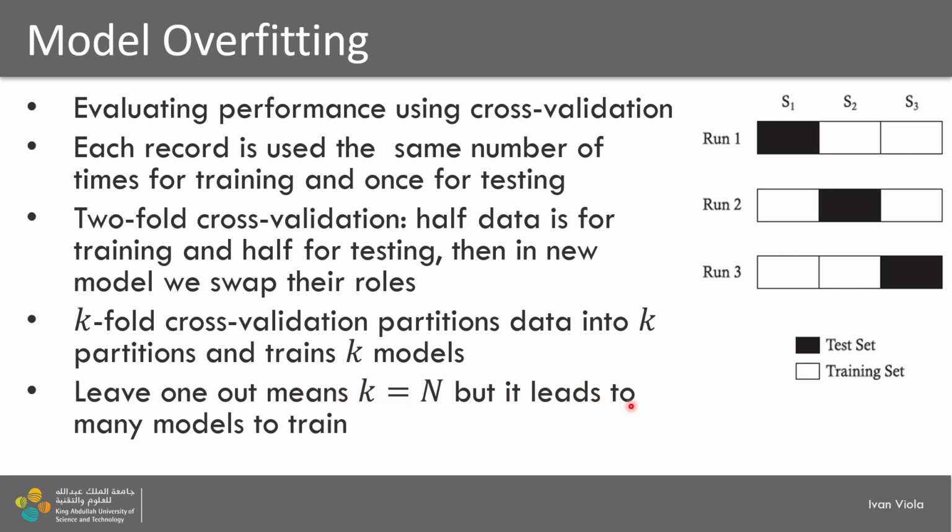But this leads to many models to train if we have a lot of training records. So this can only be done if we have very few records, and then we just use one record for testing with the leave one out method.